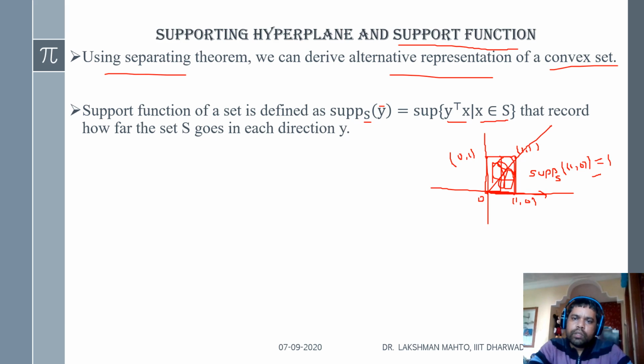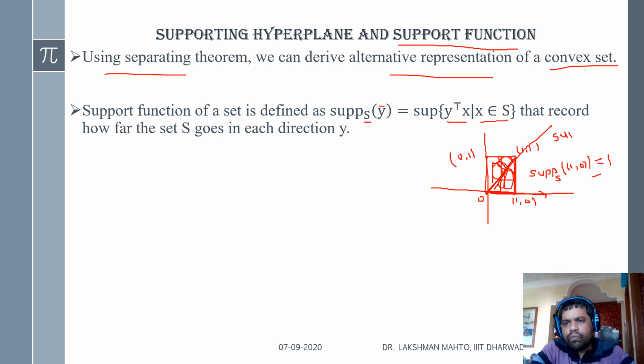If I am asking what is the support in the direction of this 1 1, simply calculate in this direction and find the projection. If you take this point, the projection will come up to here. The projection of this will come up to here, and so the support will directly come from this vector.